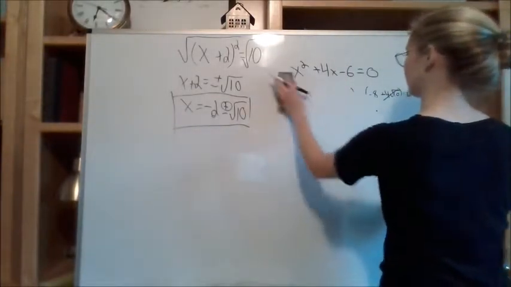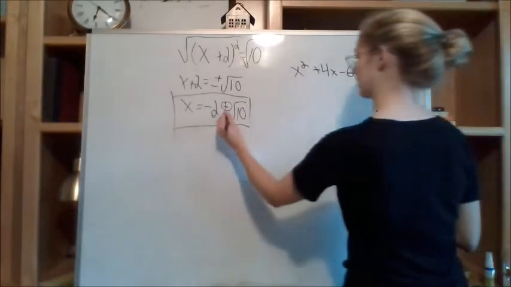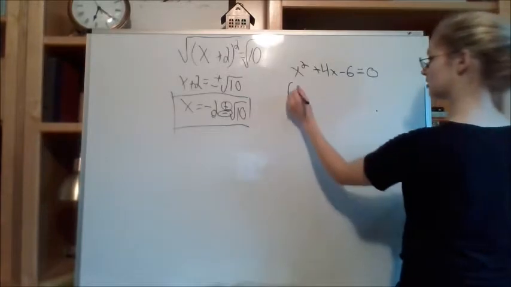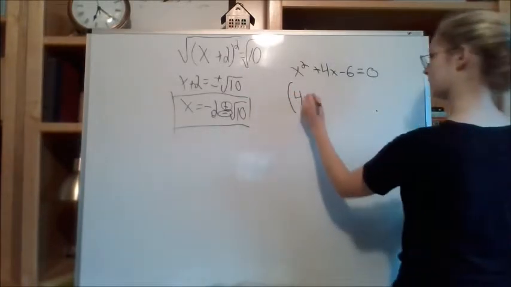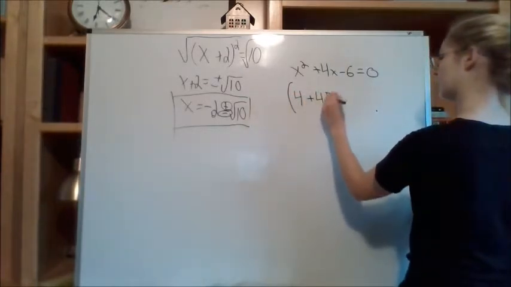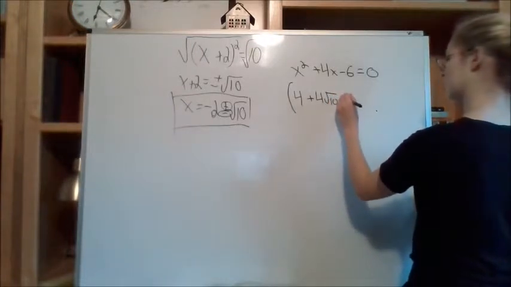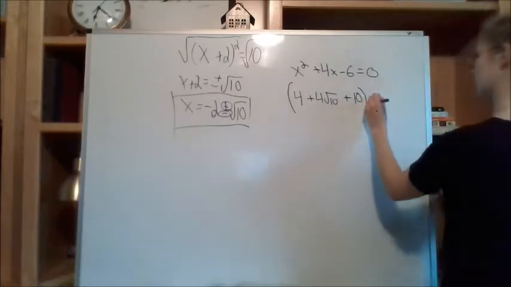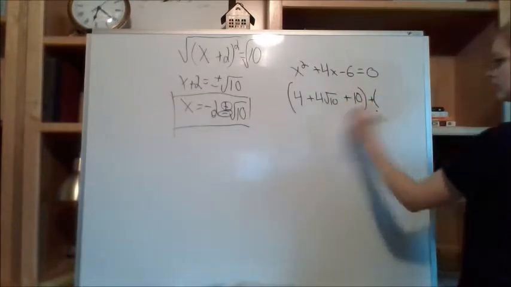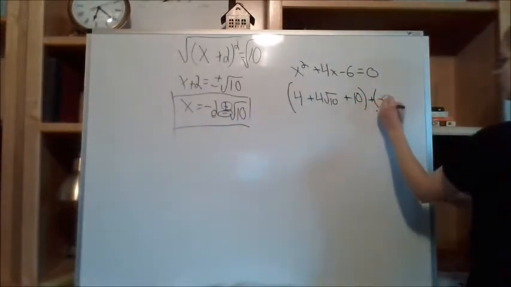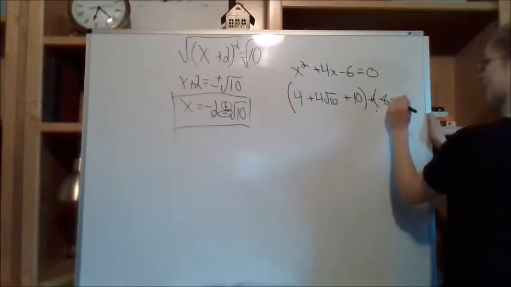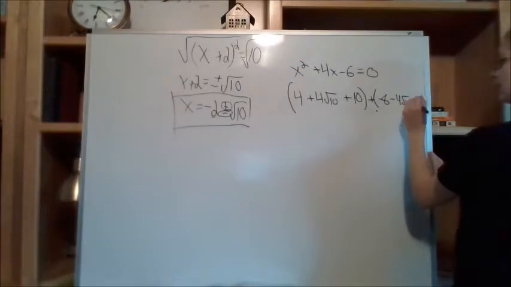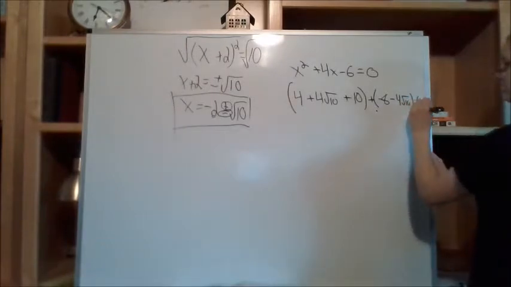And if we check with the negative, we get x squared, which is 4, plus 4 square root of 10 plus 10, plus x times 4, which is negative 8, minus 4 square root of 10, minus 6.